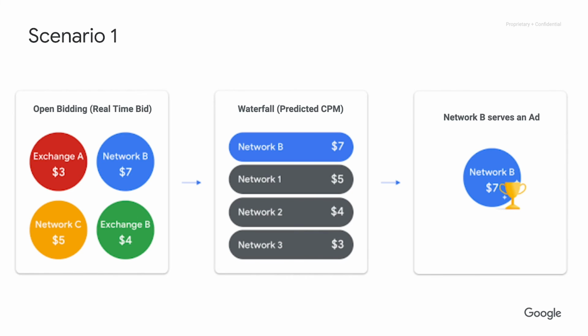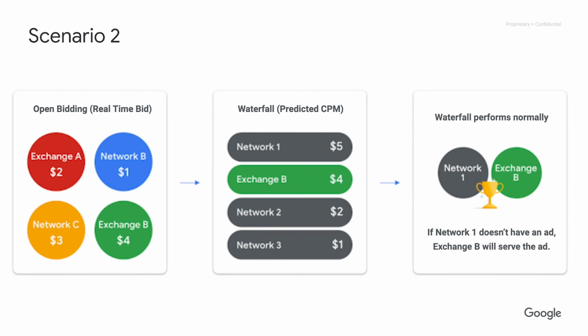In the next scenario we have 4 ad sources, 3 networks. But in this case, the open bidding ad source won with $4. That's exchange B. And again, we bring that over to the waterfall setup of yours. Now you have 4 line items starting with network 1 with $5.